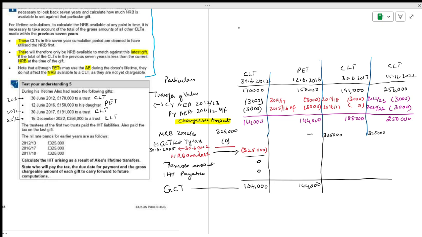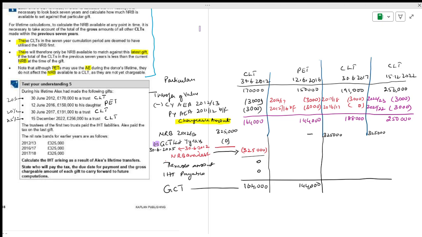Now, 2017. Is it right? What they say, we have to less, keep it in mind. We have to less any gross chargeable transfer in the last 7 years. Here it is not there.